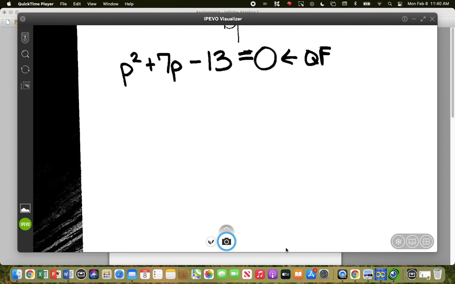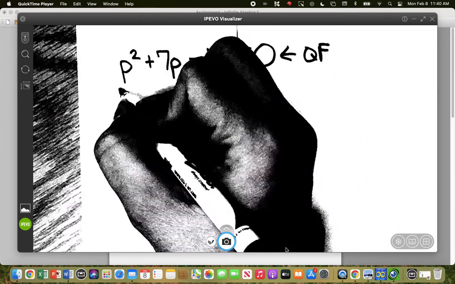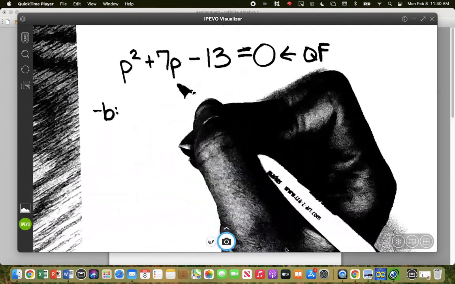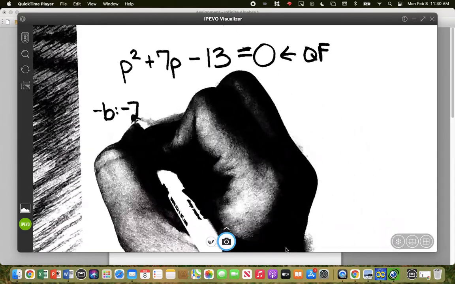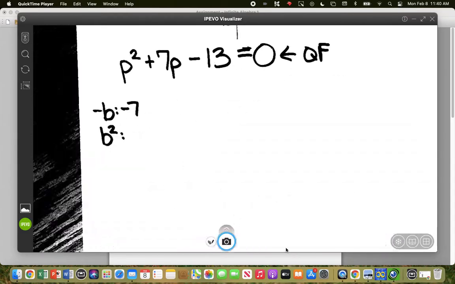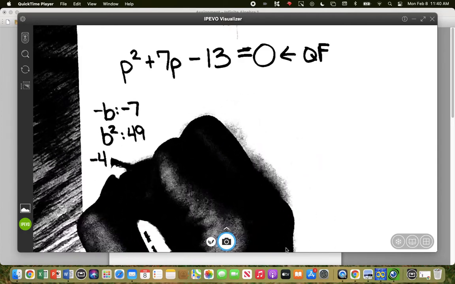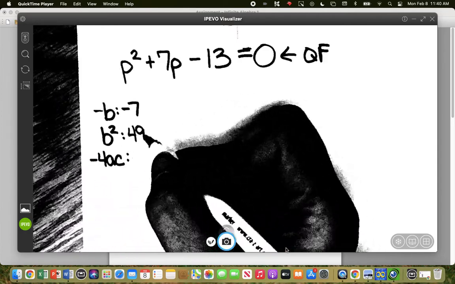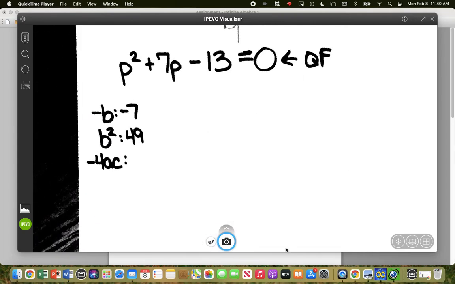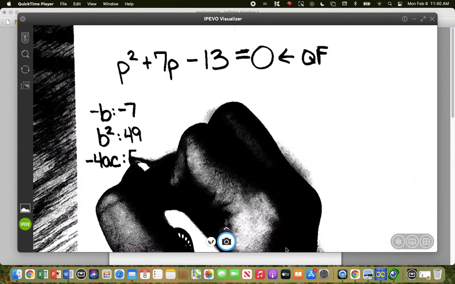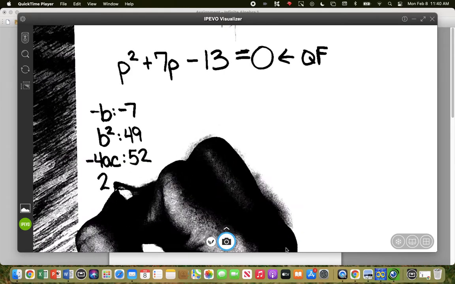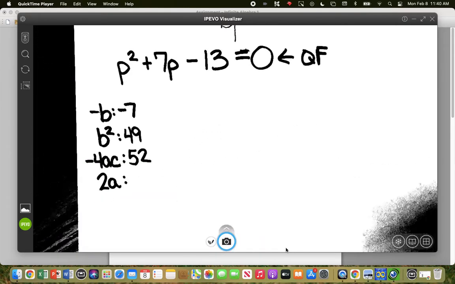All right, are we ready to do this one together? What's the opposite of b? Negative 7. What's b squared? 49. Negative 4 times 1 times negative 13, positive 52. And 2 times a, 2 times 1? 2.